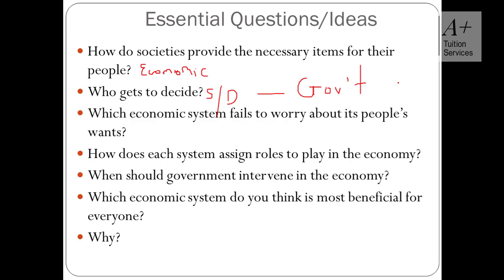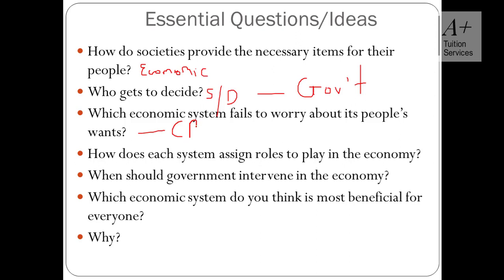And if we think about no government interference, then we could talk about the free market economy. Which economic system fails to worry about its people's wants? The centrally planned economy, because remember, the government is in control and few needs are met, right?